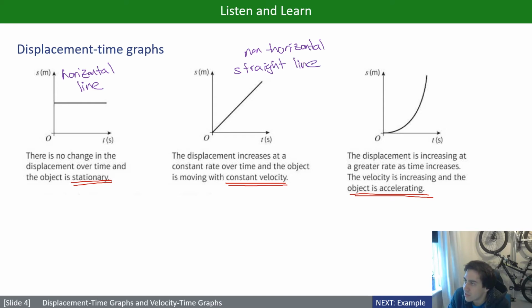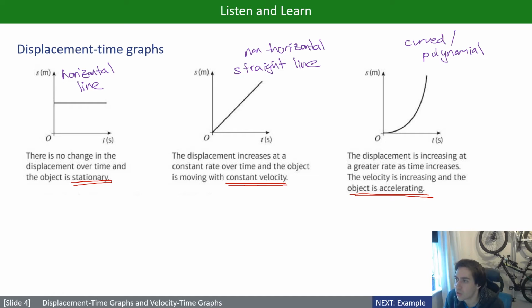And a curved, or polynomial, line means the object is accelerating, right? So a non-straight line means it could be accelerating or it could be decelerating. Those terms effectively mean the same thing. It's just whether the speed is increasing or decreasing. Either way, it's not a straight line.